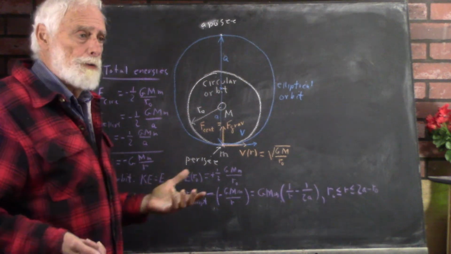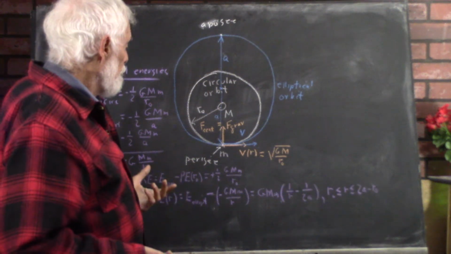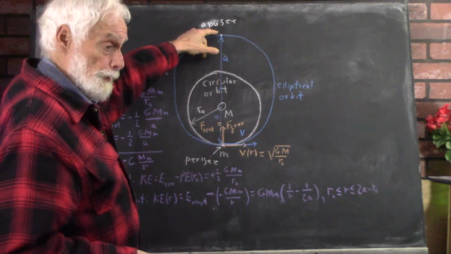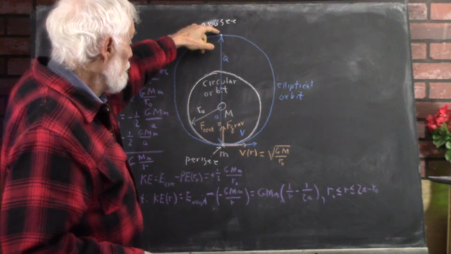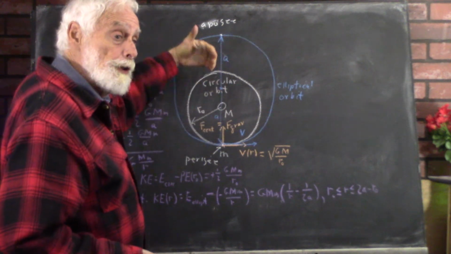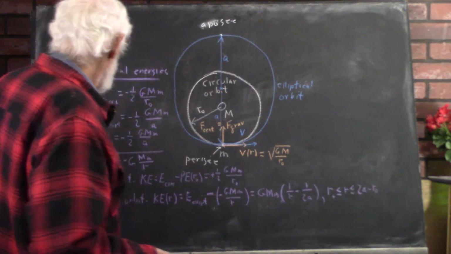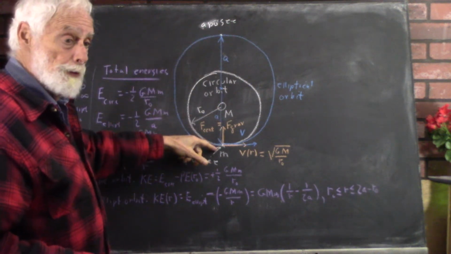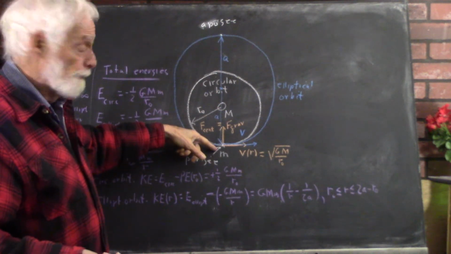Because of energy conservation, of course, you're going to have a greater velocity here than you have here, because between here and here your potential energy decreases. Since your potential energy decreases, your kinetic energy has to increase.